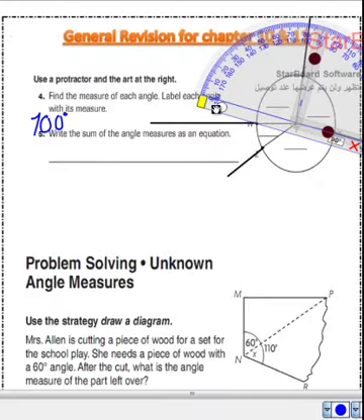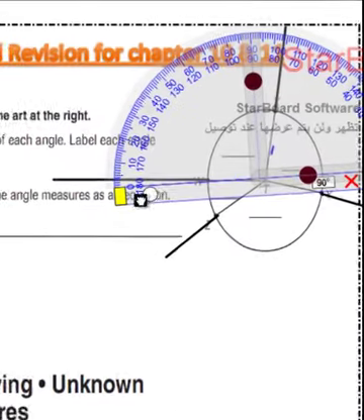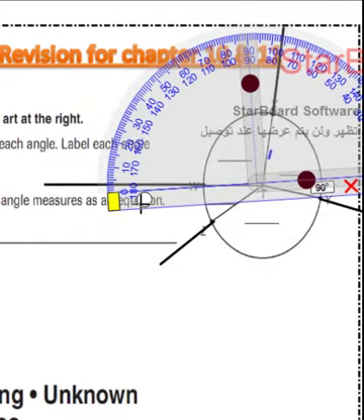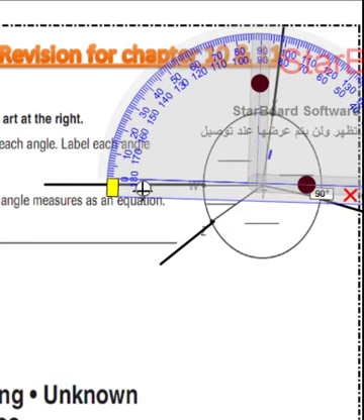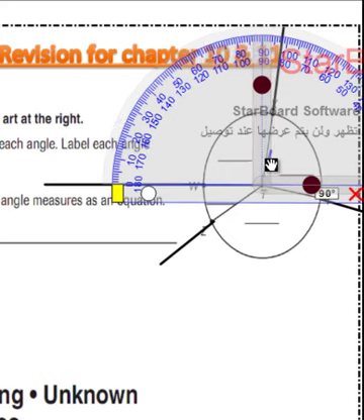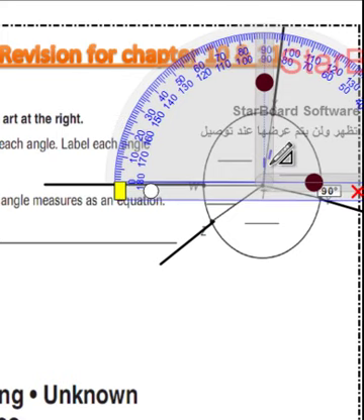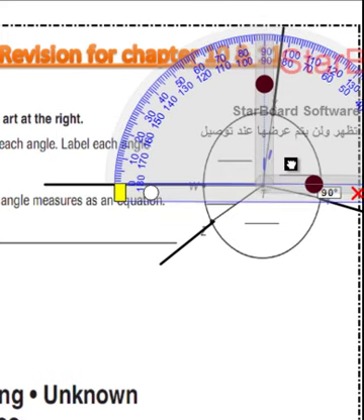The second one, turn your protractor to measure the second one. Put the 0 on this ray and the center on the vertex point. Like this.